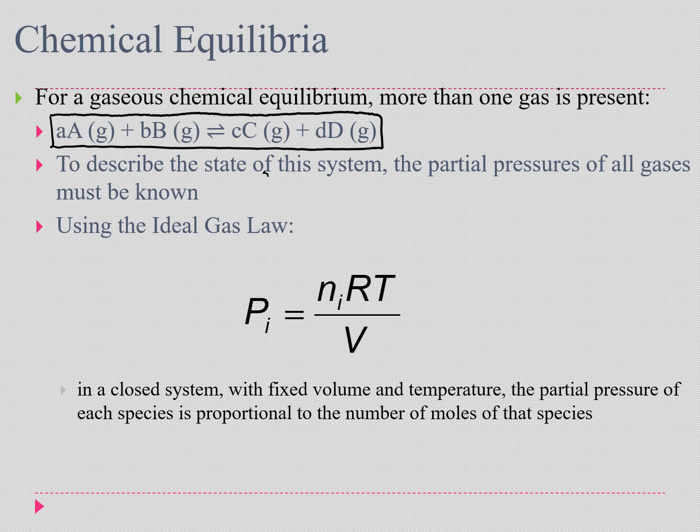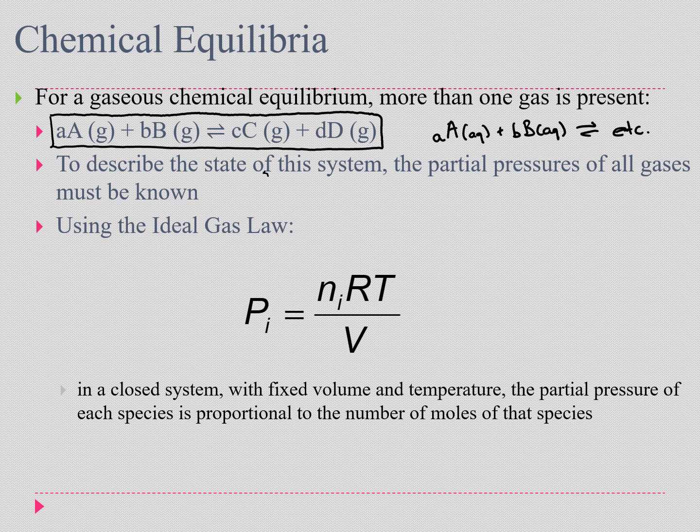This could also be aA (aqueous) plus bB (aqueous), and so on. So just keep that in mind as we go through the chapter: anytime we're doing gaseous stuff, we could be doing this for things that are in the aqueous state.